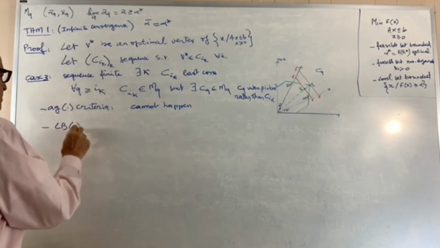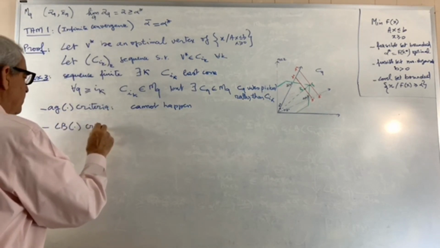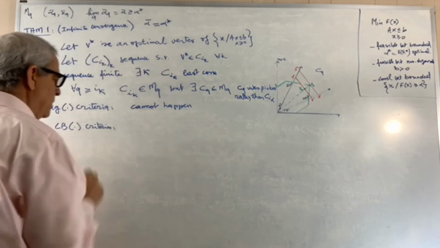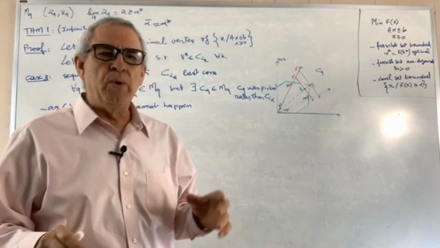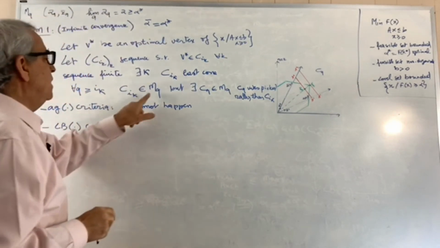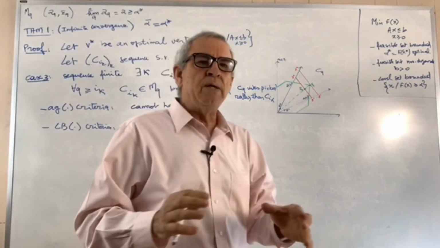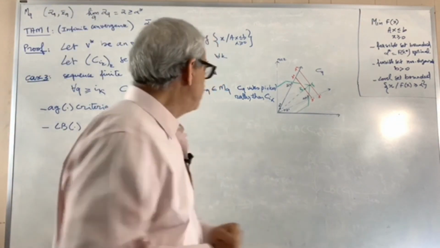Okay. Now the other criteria was the lower bound criteria. Remember, for the lower bound criteria, we look at all the cones in MQ, right? And we pick the cone that has the lowest lower bound.